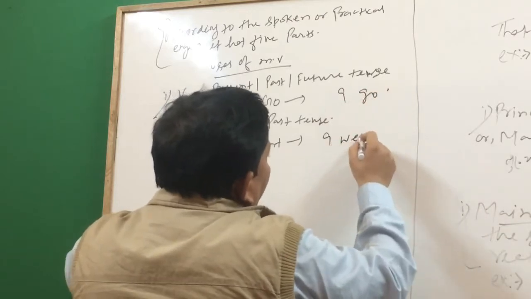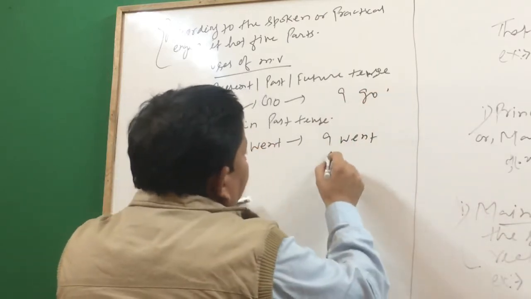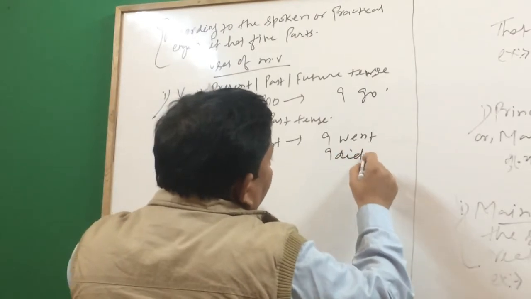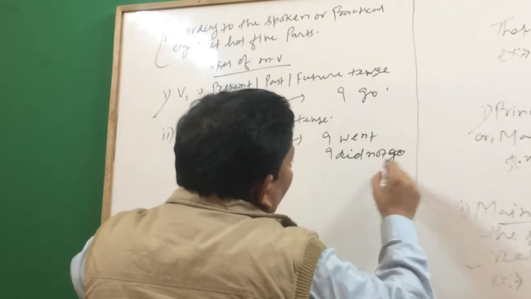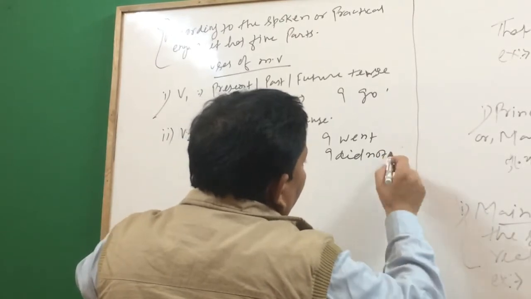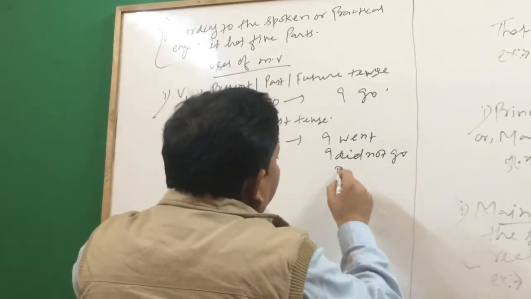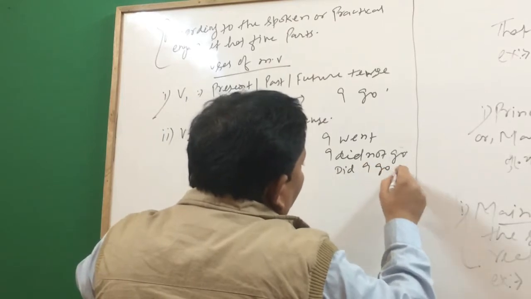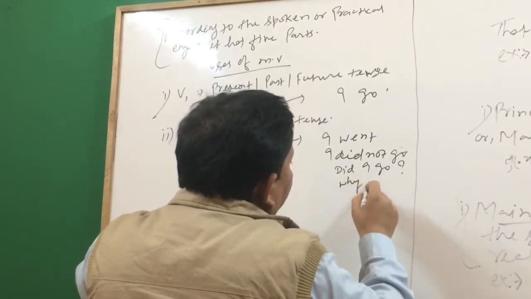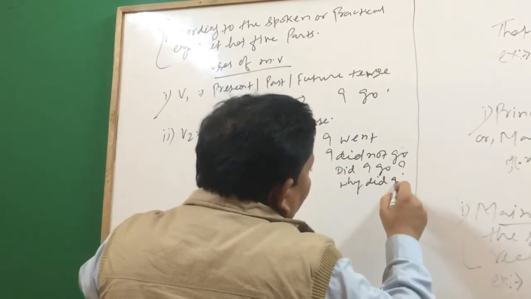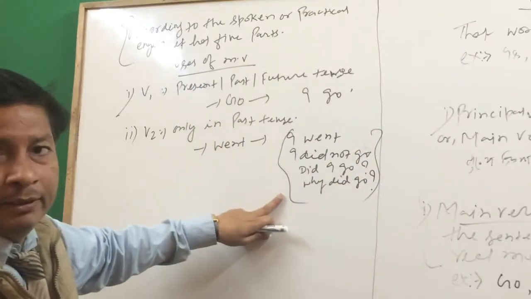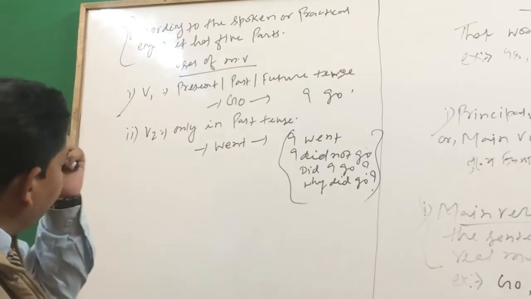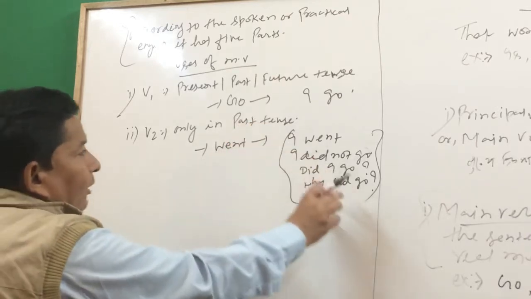Here we can say I went. Right? I did not go. Did I go? And why did I go? Look at these 4 examples.